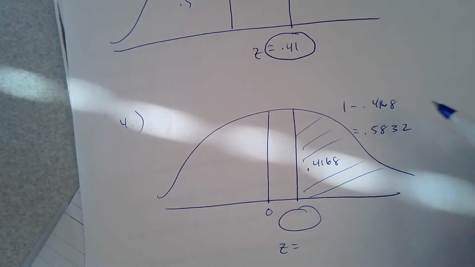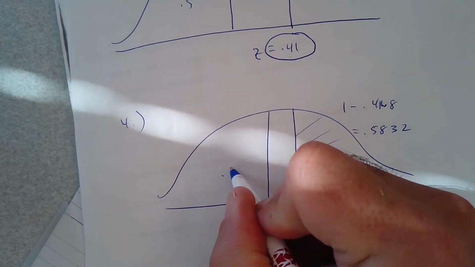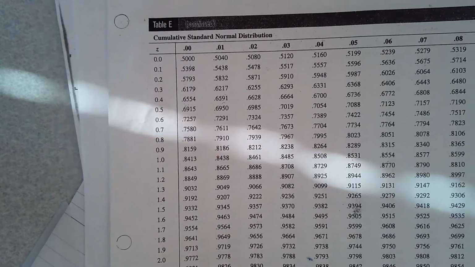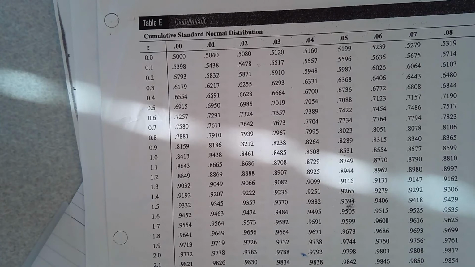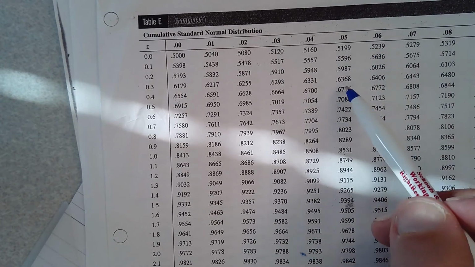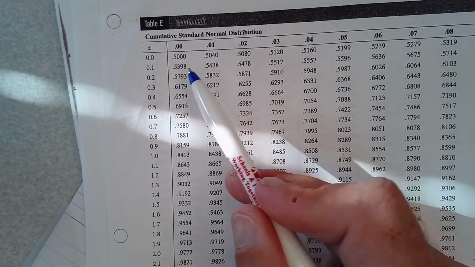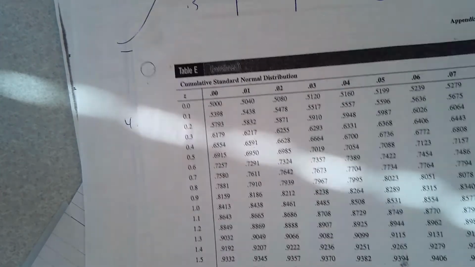These two numbers have to add up to 100%. That's my area to the left. So when I look up 0.5832 in my table, it's right there. Z-score of 0.21.